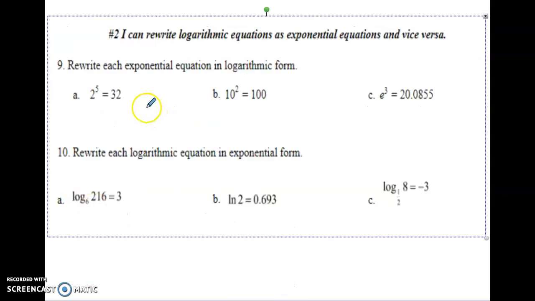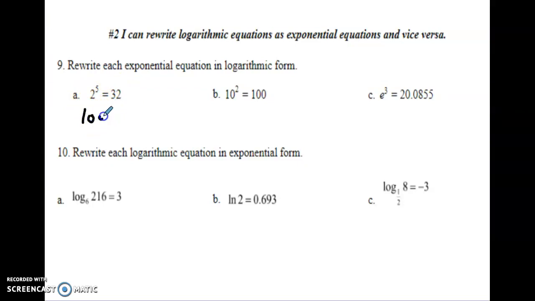Number 9, we are going to change it to logarithmic form. The base is 2, so I write log base 2 of 32 equals the power, which is 5. Remember, power stands alone.